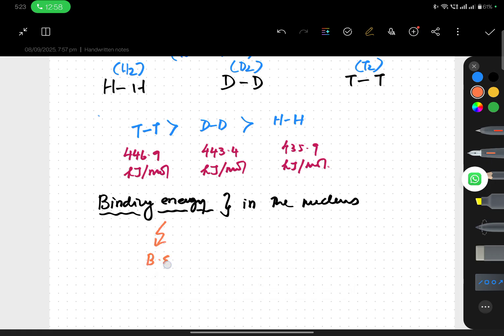Binding energy increases as the number of neutrons increases. Therefore, bond dissociation enthalpy increases. Please make a note, ma. Binding energy increases with number of neutrons. So, bond dissociation enthalpy also increases with number of neutrons. It's a very, very important point that you need to know.